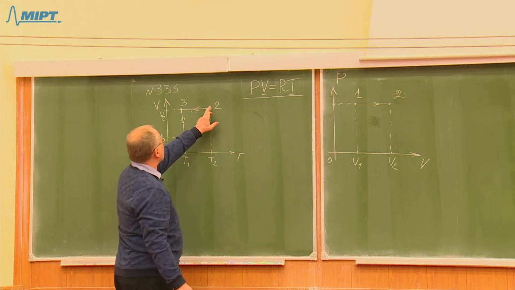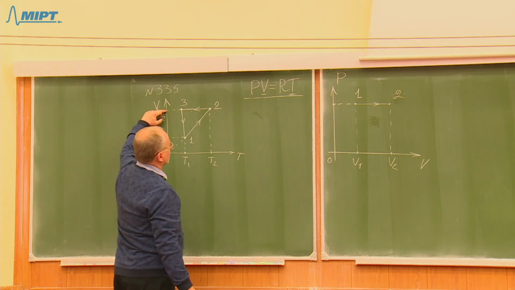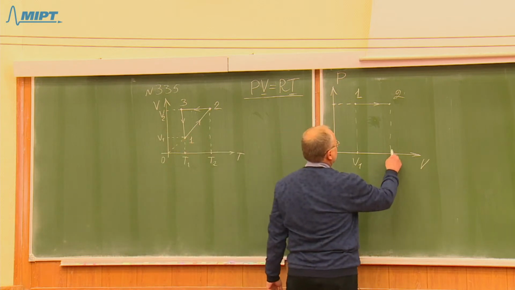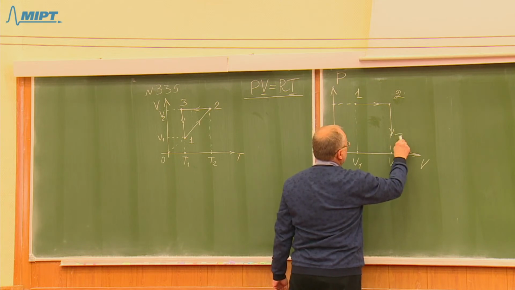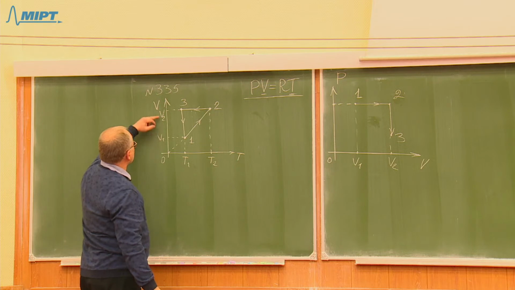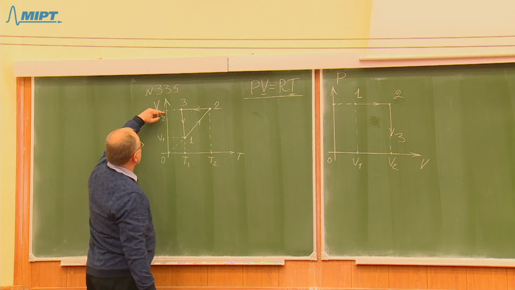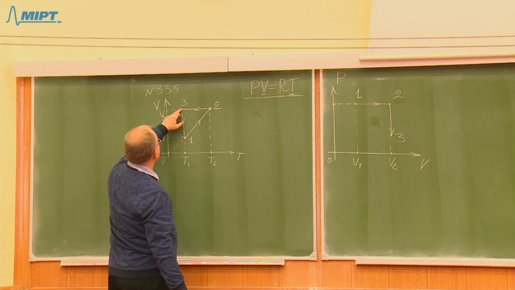And then process 2 to 3 goes under constant volume. Constant volume here is very simple. It goes along this line to point 3. And again, we pay attention to the direction of the process. Here it goes from point 2 to point 3.